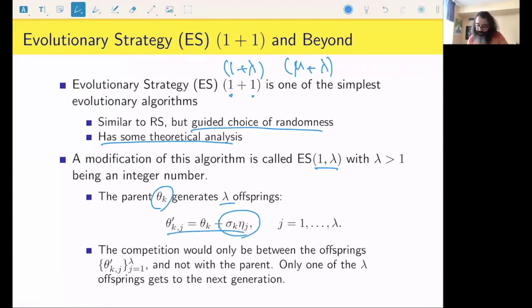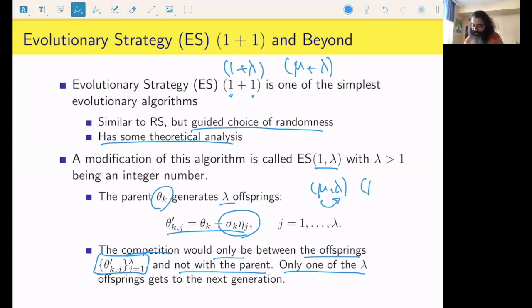Here the competition is only between the offsprings and not with the parents, and only one of the lambda offsprings gets to the next generation. This is a common notation in evolution strategy: mu and lambda means that mu parents generate lambda offsprings, and competition is only between offsprings.